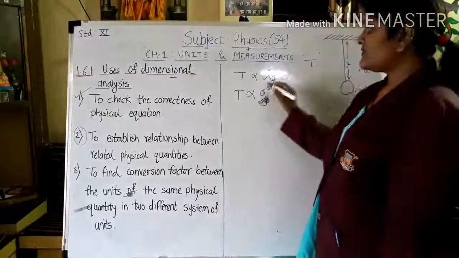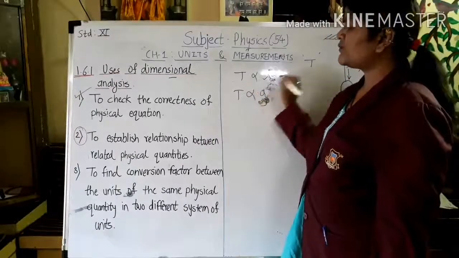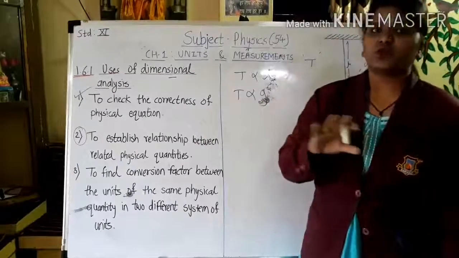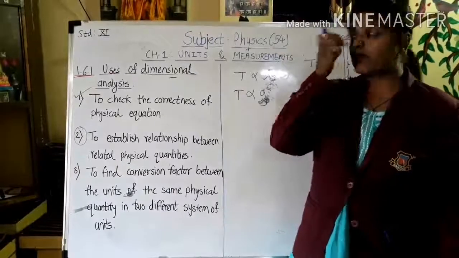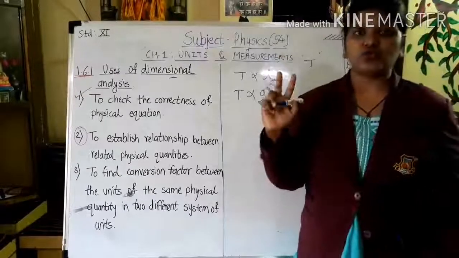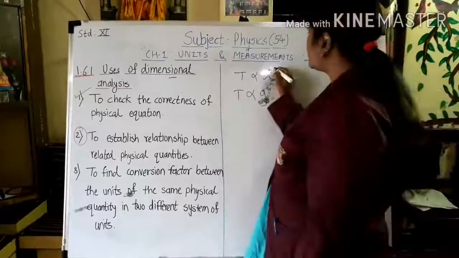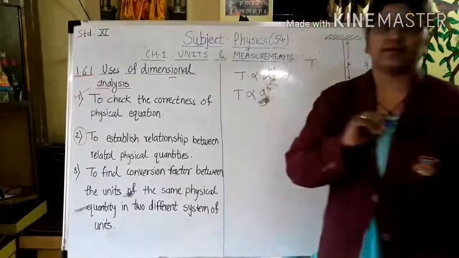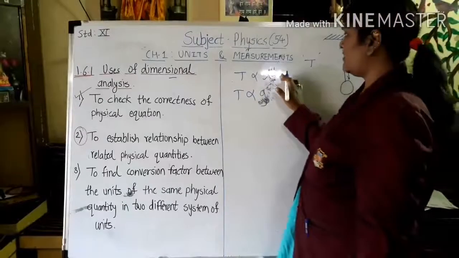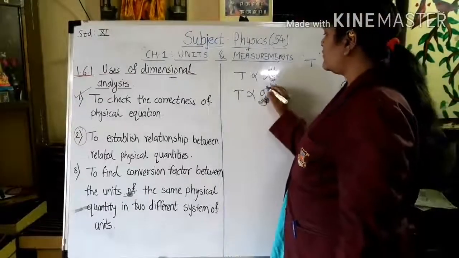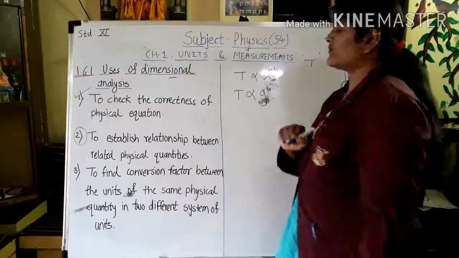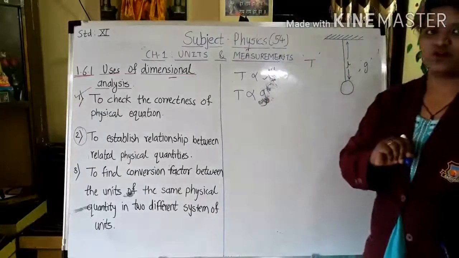So we said that T is proportional to L. We don't know whether the power of L is 1 or 2 or 3 or anything else, or it is half. So we just consider this as a. So T is proportional to L raised to a, and second, T is proportional to g raised to b.